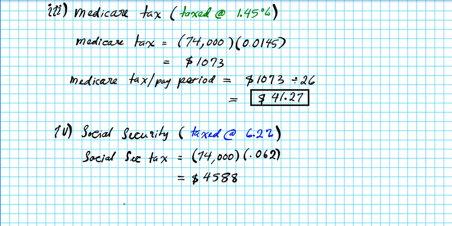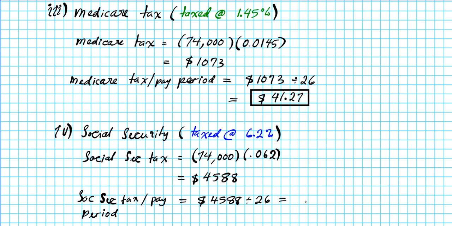Now let's figure out how much she pays for Social Security per pay period. So her Social Security tax per pay period, just as we have done in the previous problems, is to take her annual Social Security amount of $4,588 and divide it by the number of periods in her pay period, which is 26.